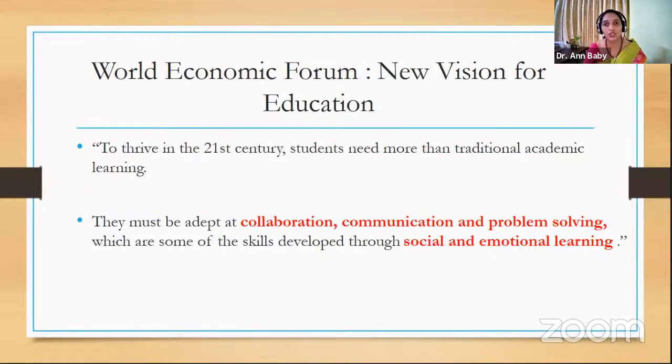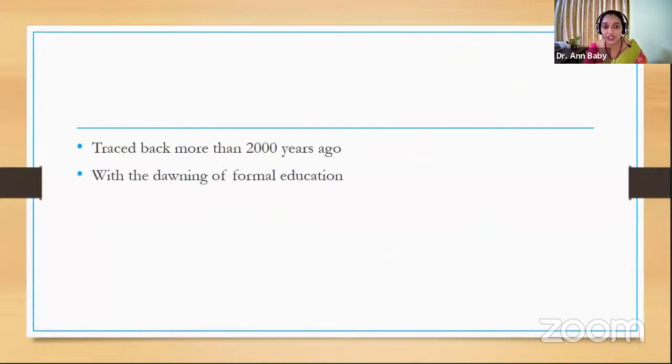They came to a conclusion that students are really fed up with the traditional academic learning, and they want something which includes collaboration, communication, and problem solving, which is developed through social and emotional learning. So we will have these particular findings of the World Economic Forum in our mind when we go through the various points in this particular session.